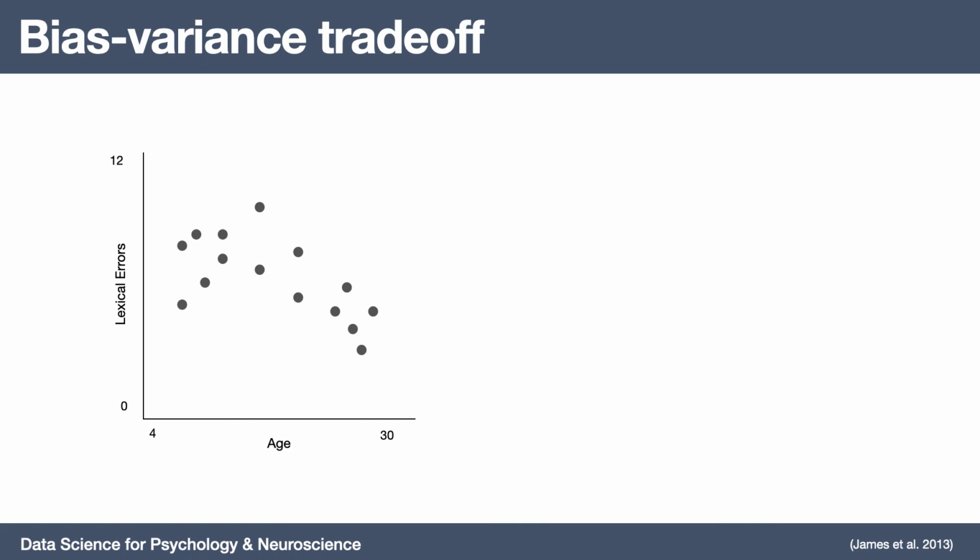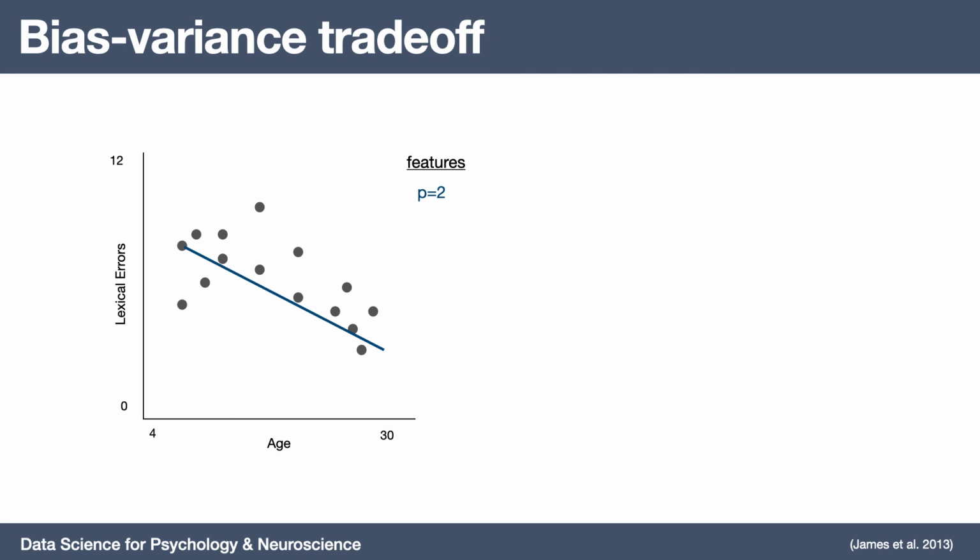Let's think about this by example. Let's go back to that lexical errors by age data set that I showed before. If I have a low dimensional model, so let's say that I just use two features, an intercept and a slope, so p equals 2 here, this model has high bias and low variance.